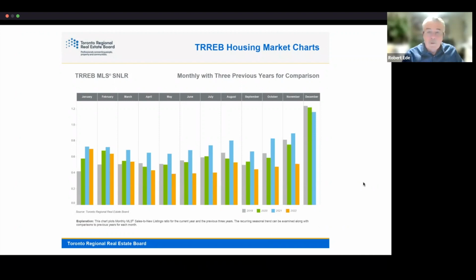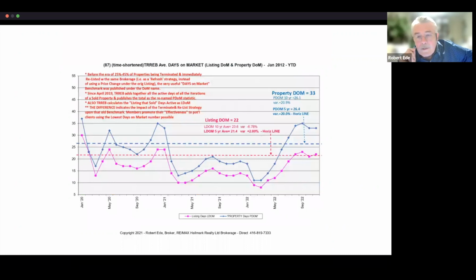However, the key ingredient to this is one of the things that also changes, if we move to the next slide, one of the things that also changes when you terminate and relist a property is the history goes away. The number of days on the market disappears.